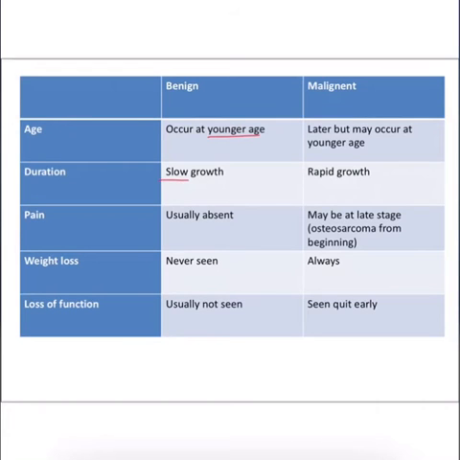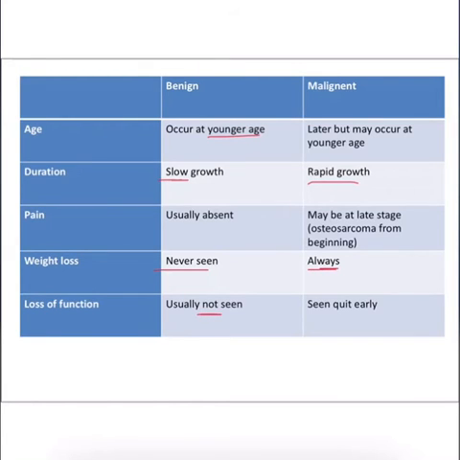Duration: they are slow growing, so years of duration, while malignant is rapid growing, like a month, almost 6 months is also short duration. Okay, pain is usually absent in the benign, and in malignant it is usually present at a later stage, but in osteosarcoma it starts from the beginning. First the pain occurs. Weight loss is never seen in the benign, and is always seen in the malignant tumor.